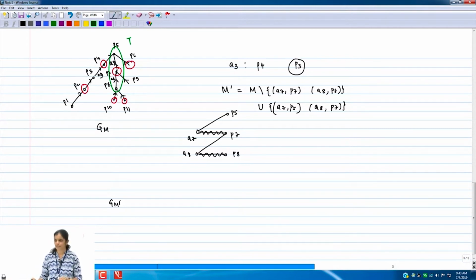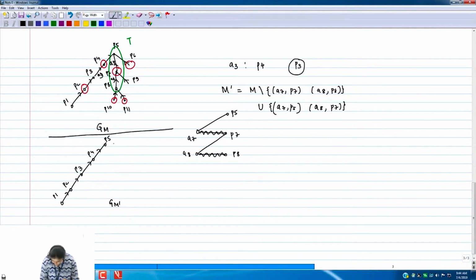If there are other components, they are untouched because everything else for them remains the same. For this component, things do change. P8 becomes the new thing. In fact, I will draw exactly the same thing for everything else. So this is P1, P2, P3, P4, P5. These edges remain unchanged.